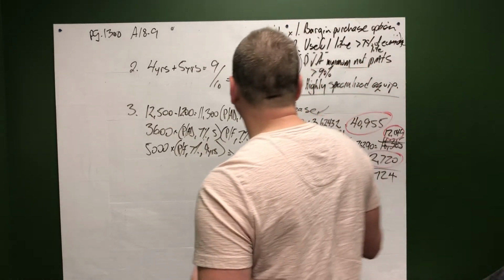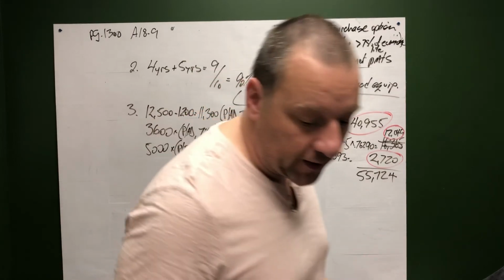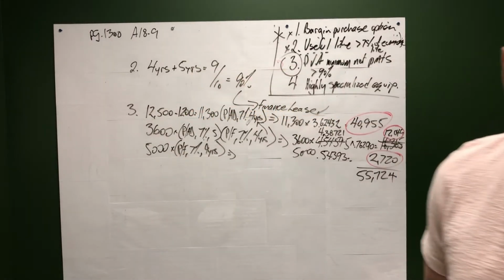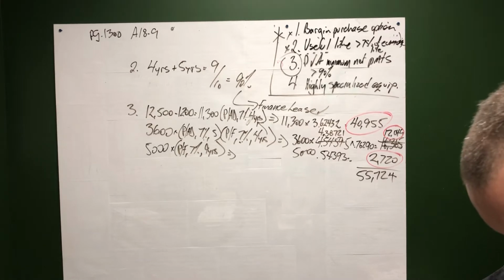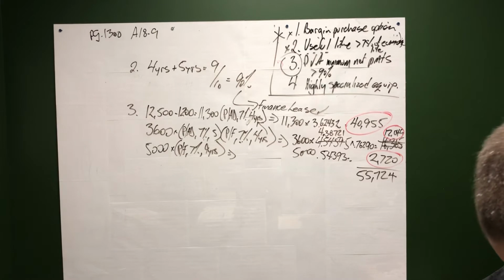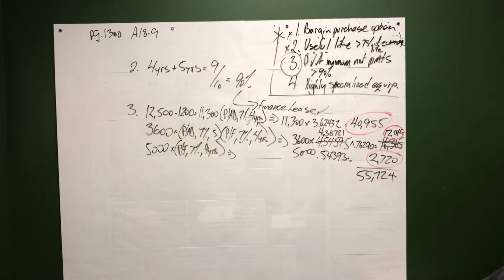Now, again, we already know that it's a finance lease, but if we didn't, no problem. We could still compare that 55,724 to the current fair market value. Going back to the textbook, the current fair market value is $70,000.